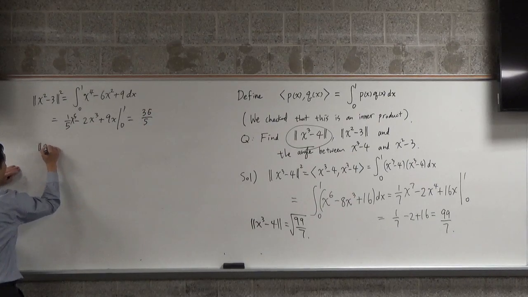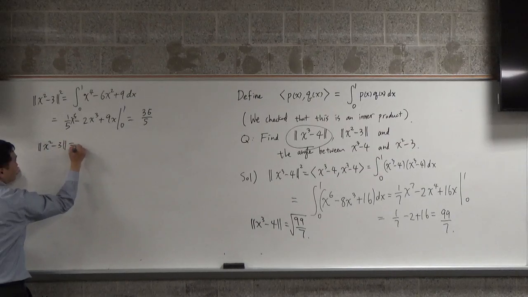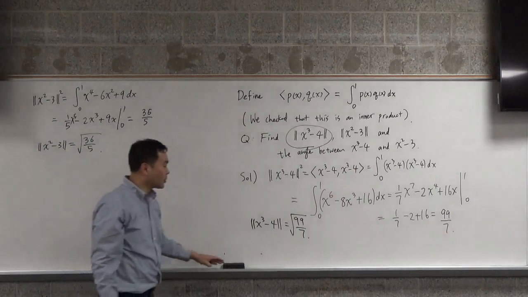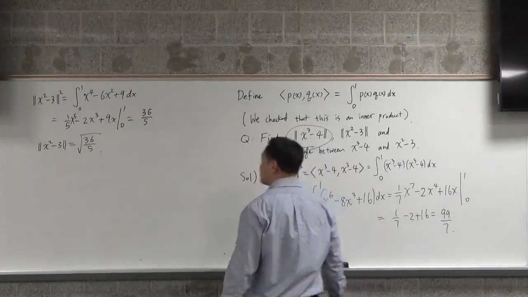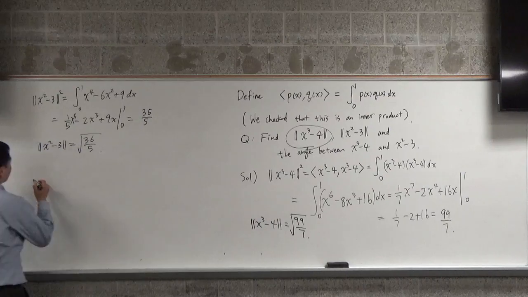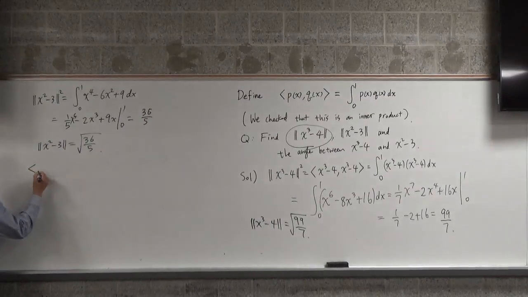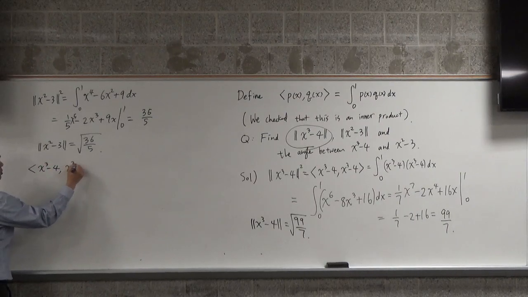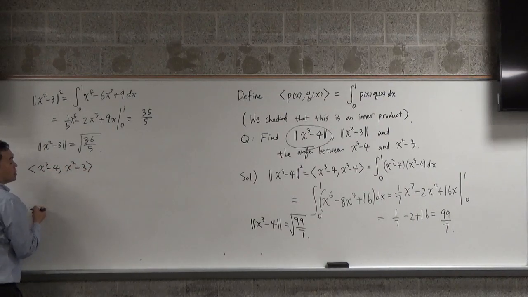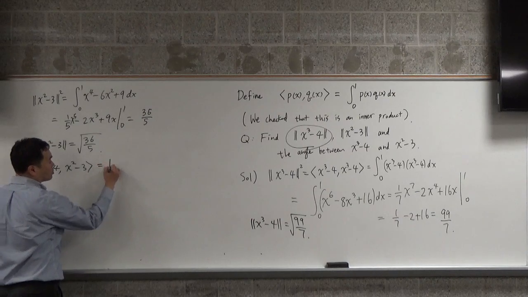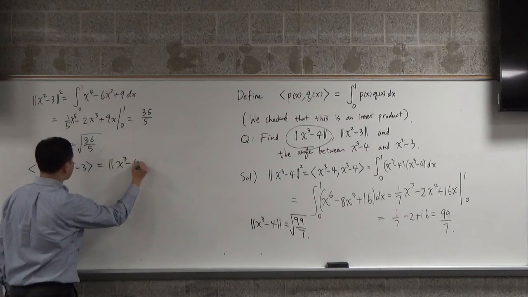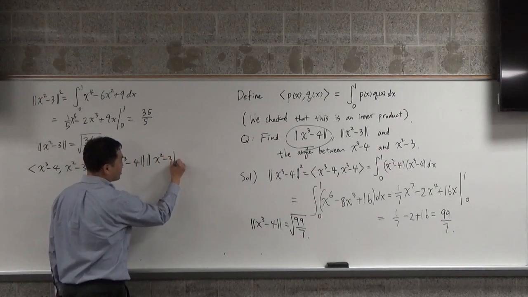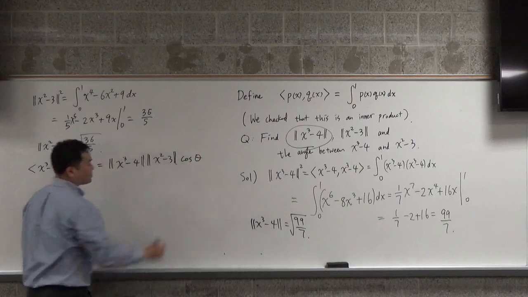So we know that the norm of x squared minus 3 would be square root of 36 over 5. Okay, now to find the angle between them, we use the fact that the inner product of x cubed minus 4 and x squared minus 3 is equal to the norm of x cubed minus 4 times the norm of x squared minus 3 times the cosine of theta.